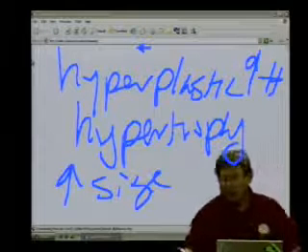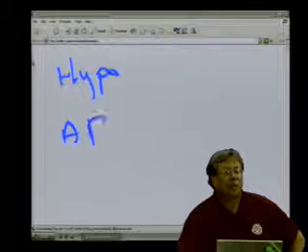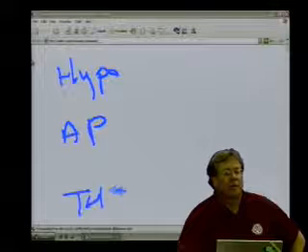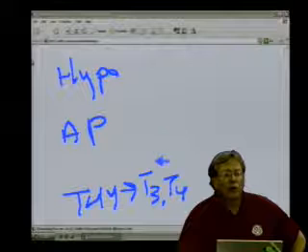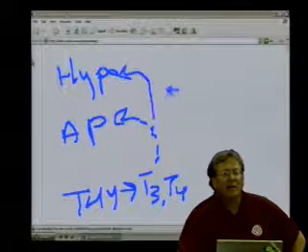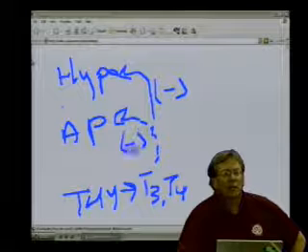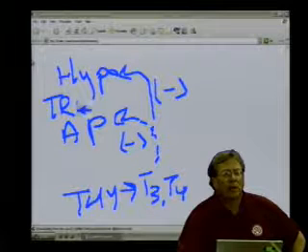So let's look at that on our hypothalamus, anterior pituitary, and thyroid. Now the thyroid is producing T3 and T4. Under normal circumstances, these go back in a negative fashion and suppress the release of thyrotropin releasing hormone and thyroid stimulating hormone.